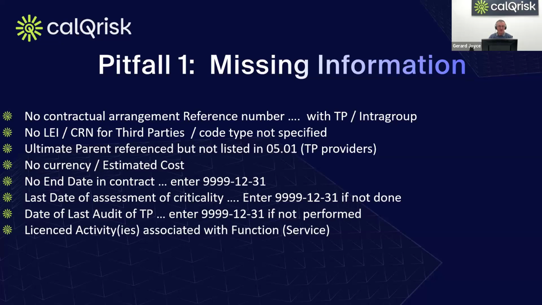In the beginning last year, the regulators said you had to have an LEI for a third party if they were based in Europe. I think they relented, and maybe somebody can put in the chat, they'll accept a CRN if the third party doesn't have an LEI, because if it's an American company, and they've never heard of LEI, it's very hard for you to persuade them that they should get one.